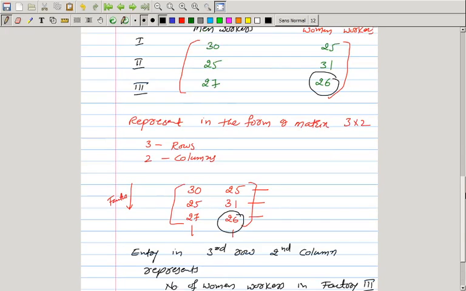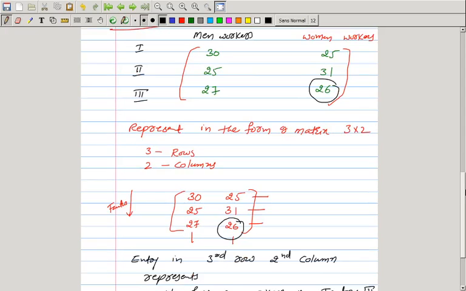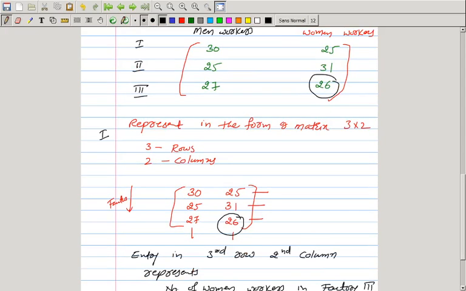So this is the answer for part 2. This is the answer for part 1.